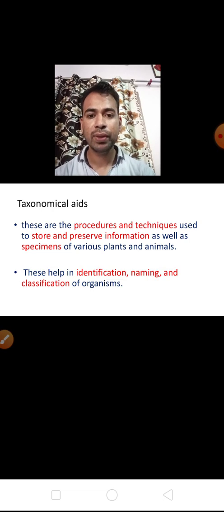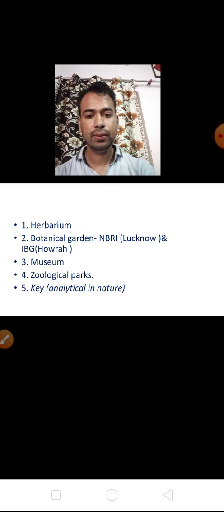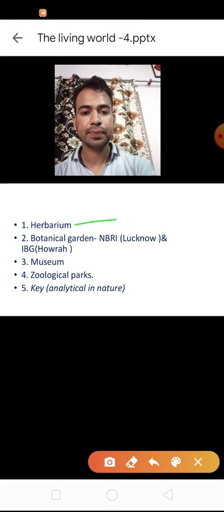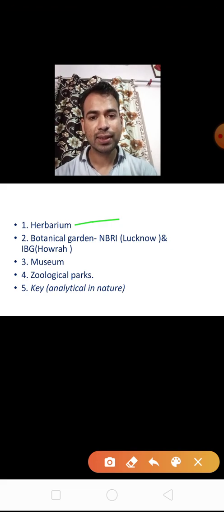And what we do in taxonomical aids is store or preserve the information as well as the specimens of various plants and animals. Clear? Now children, some examples of taxonomical aids are: first, herbarium. Children, have you ever visited a herbarium in your life?